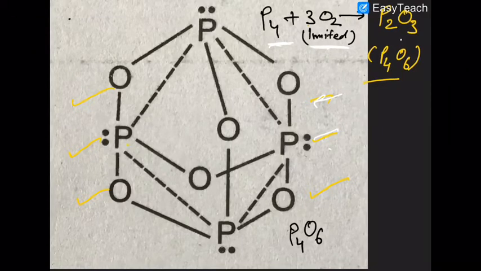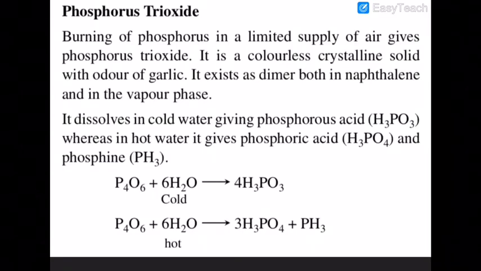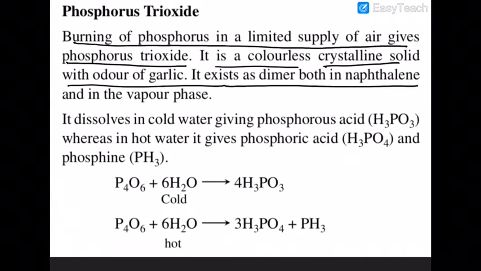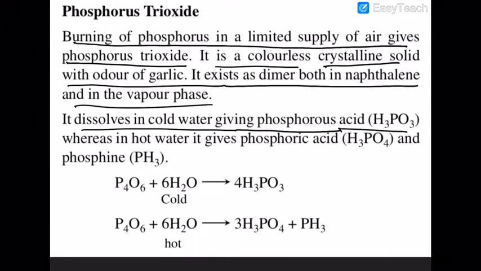When phosphorus reacts with a limited amount of oxygen, you will get P2O3, that is phosphorus trioxide, in limited supply of air. We already mentioned that. It is a colorless crystalline solid with odor of garlic. It exists as a dimer both in naphthalene as well as in vapor phase. It dissolves in cold water giving phosphorus acid H3PO3, whereas in hot water it gives phosphoric acid and phosphine.